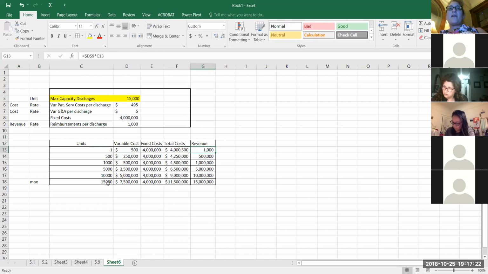As we keep going down and look at the maximum, if we were to have 15,000 units, we would actually earn $7.5 million. We would have fixed costs of $4 million. Our total costs would be $11.5 million, and we would make $15 million in revenue, right?